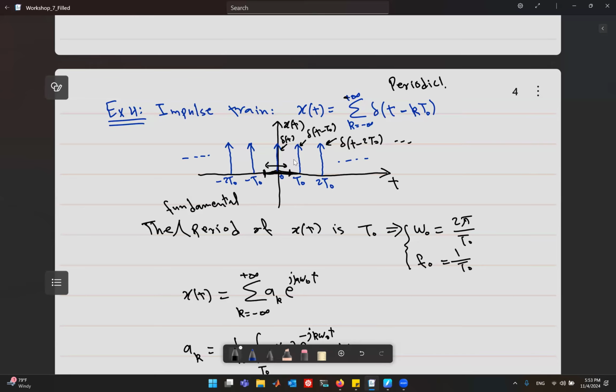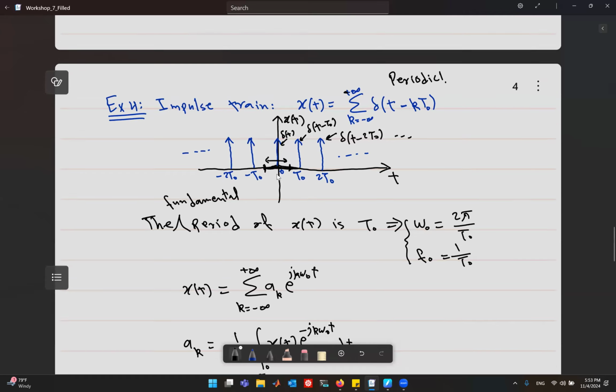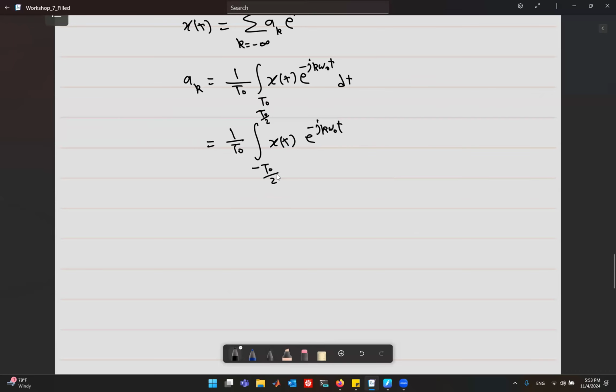But within this interval, we only have this impulse. So x(t) over this interval is just delta t. So we can rewrite this as 1 divided by t naught, integral from minus t naught over 2 to t naught over 2, and then x(t) over this interval is just one impulse, and dt here.